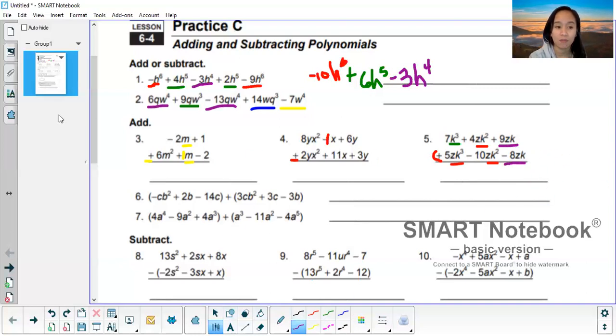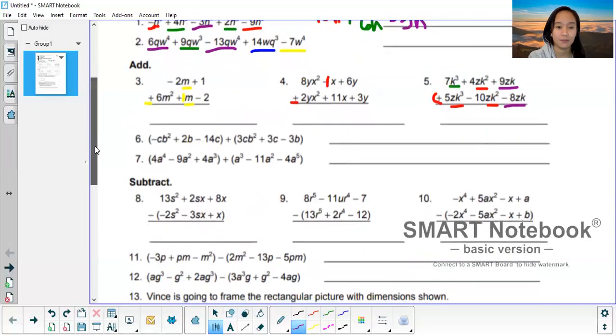Now let's go to number 6. For number 6, same thing. You combine those terms which are alike. So for example, this one, cb squared, and that's cb squared. Take note, there's a plus in between those two expressions. So that means you'd have to remember to add them. So what's negative 1 plus 3? Then you write cb squared.